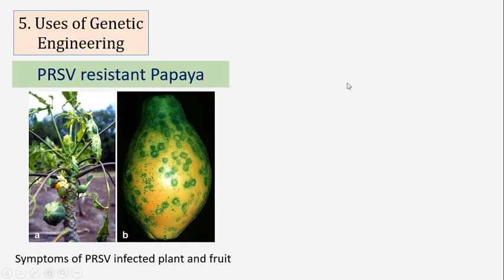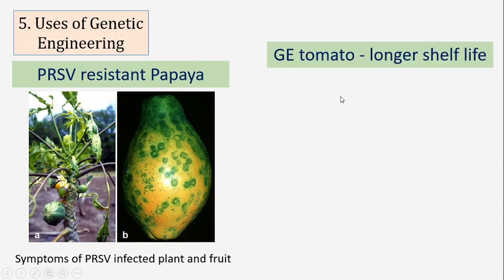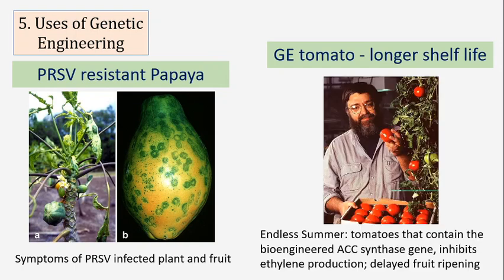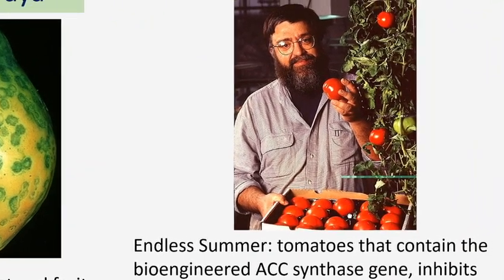That is one use. And I want to show you another use of genetic engineering to make tomato, that is called genetically engineered tomato, that has longer shelf life. That is not an example from your book, that is outside of your book, but I am interested to show that.